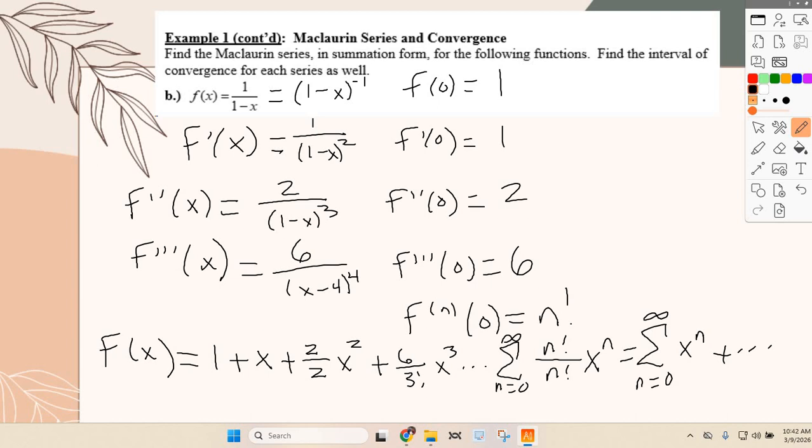So this is kind of the long way, if for some reason we could not figure it out. Would there have been a shorter way to do that? Yes. What is 1 divided by 1 minus x? It's the sum of a geometric, yes?